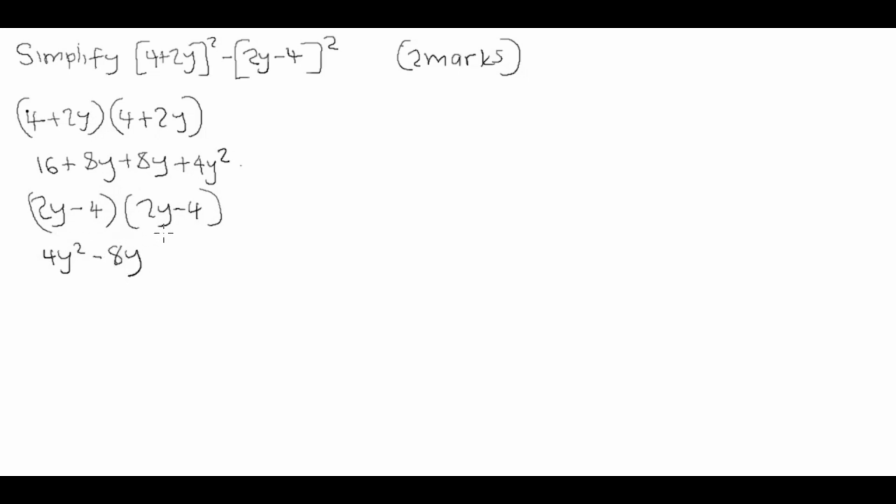Minus 4 times 2y is minus 8y. Minus 4 times minus 4 is plus 16. So it will be 4y squared minus 16y plus 16.